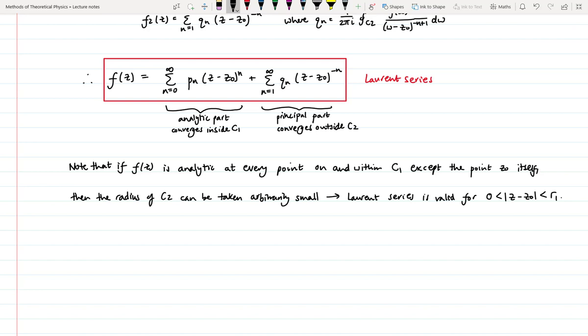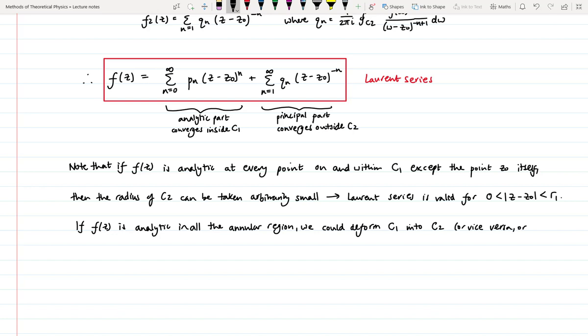There's another simplification we can make to our Laurent series, and that comes about by our assumption that the function is analytic in the annular region. If f of z is analytic in all the annular region, we could deform, recall our deformation property from the earlier video, we could deform the contour C1 into C2, or indeed vice versa.